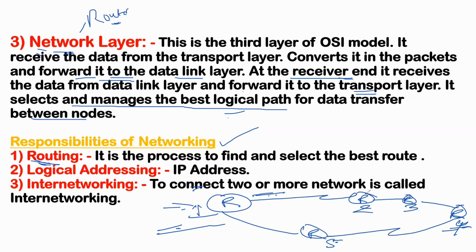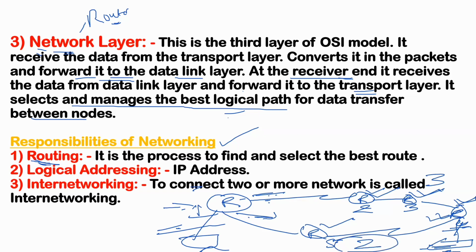We have one system connected with this router, so to send from this system to that system, the data has to pass through the second router and the third router. And we have a second way. In this way, we have to pass the data through only this router and that router. So on this path we have three hops, and in this path we have two hops.